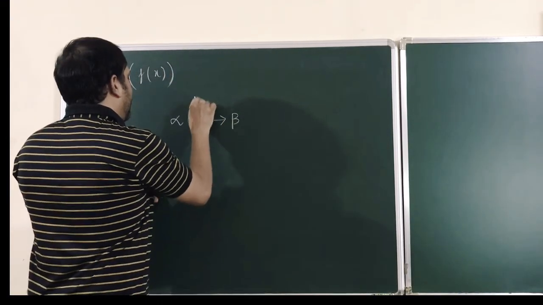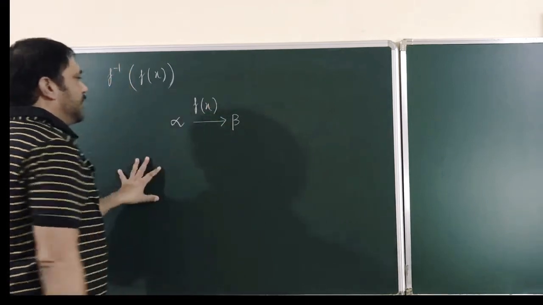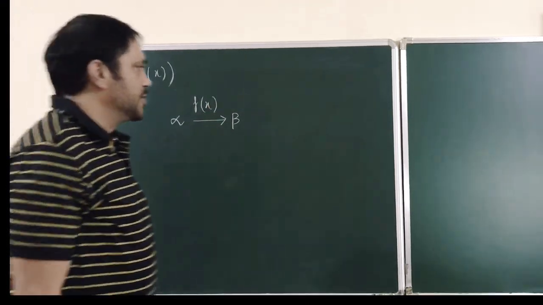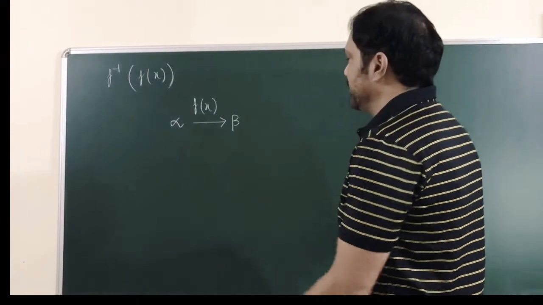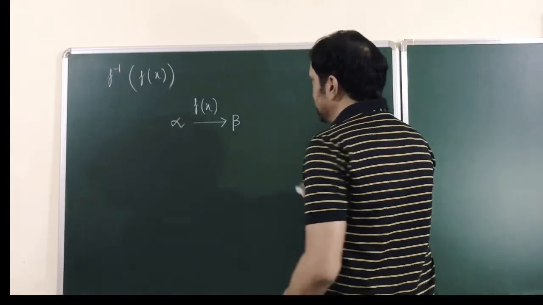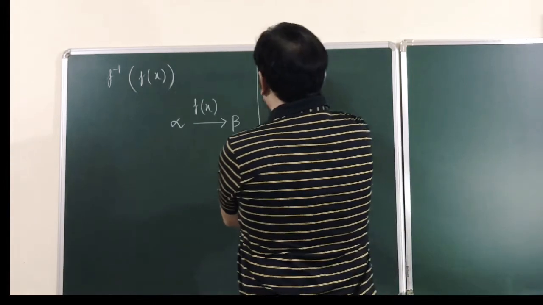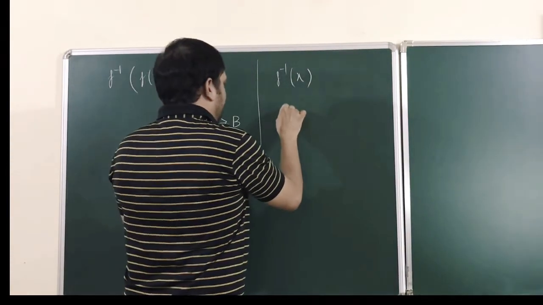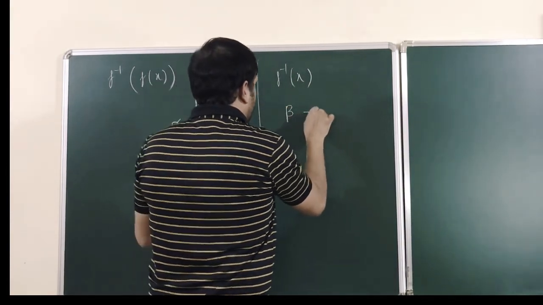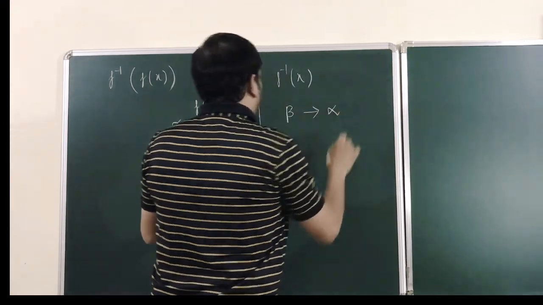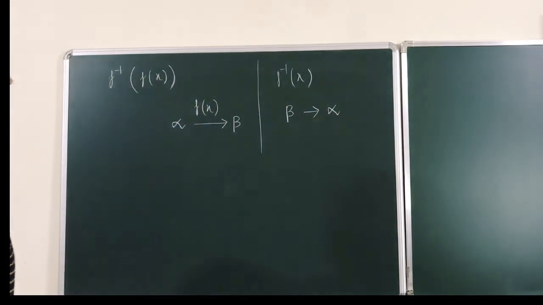This is what I am getting in f of x. And what happens in the inverse of f of x? It means if I am getting beta from alpha, then in f inverse of x, if I write beta as an input, I will get alpha as an output.